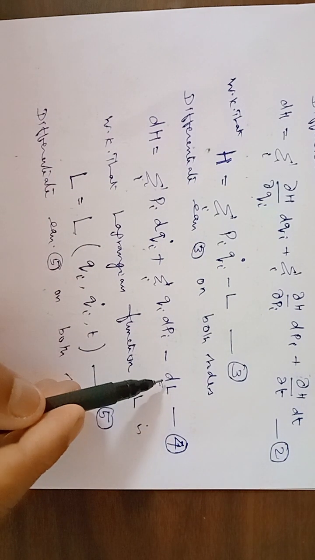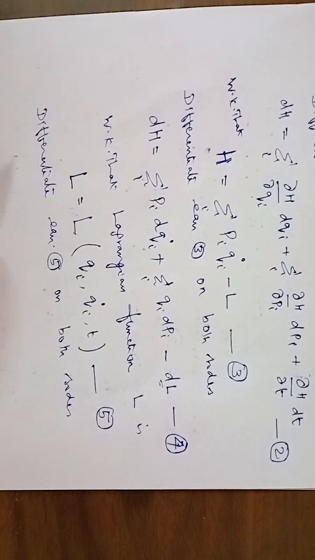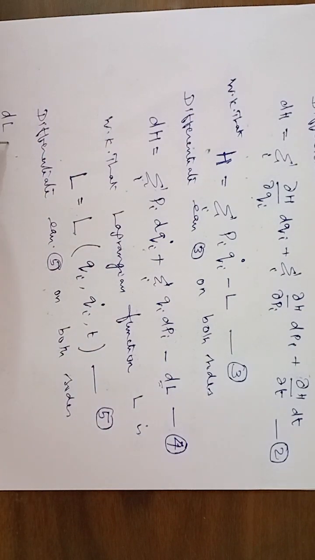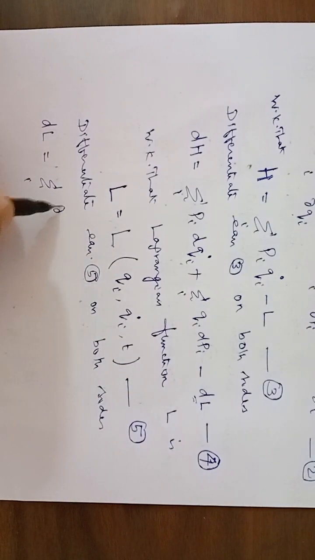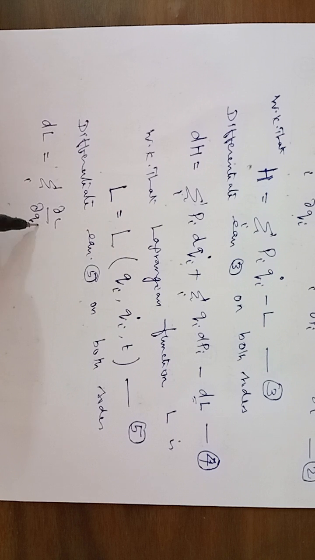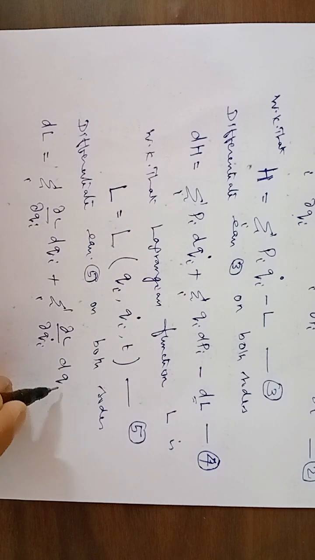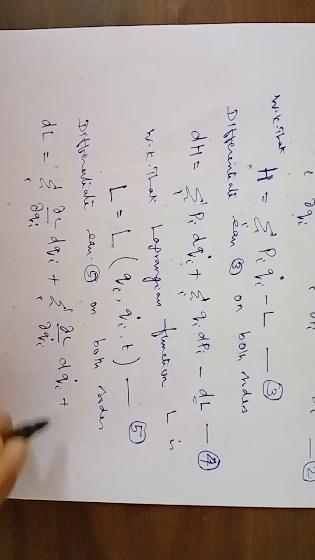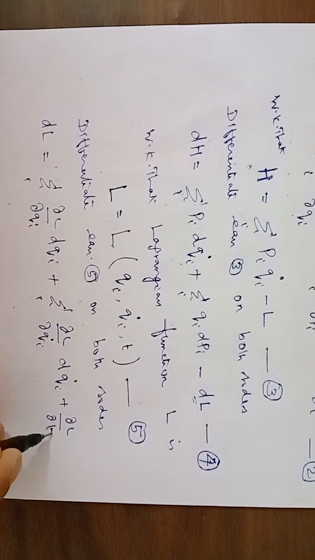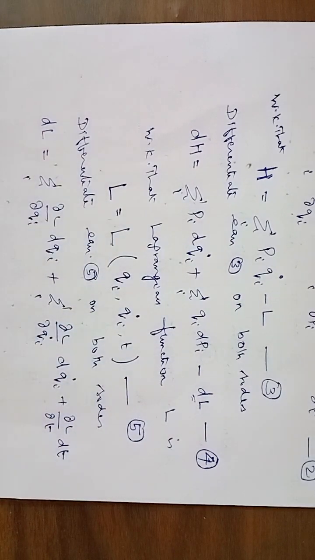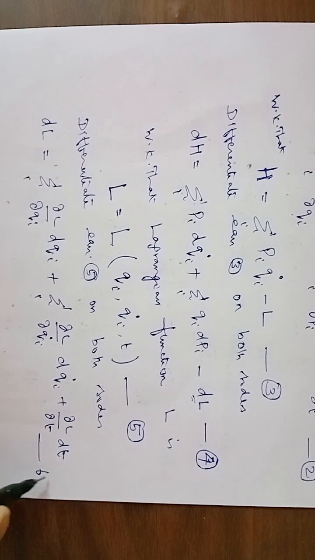In order to find the differential of L, I differentiate: dL is equal to summation over i of partial L by partial qi into dqi, plus summation over i of partial L by partial qi dot into dqi dot, plus partial L by partial t into dt. Make it equation number 6.